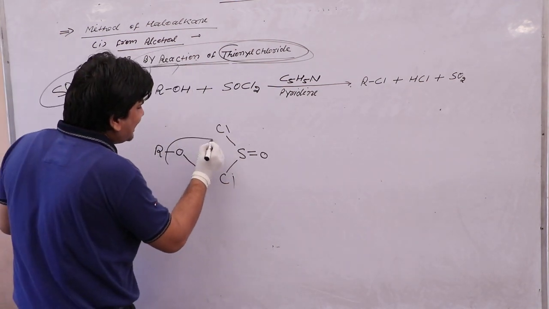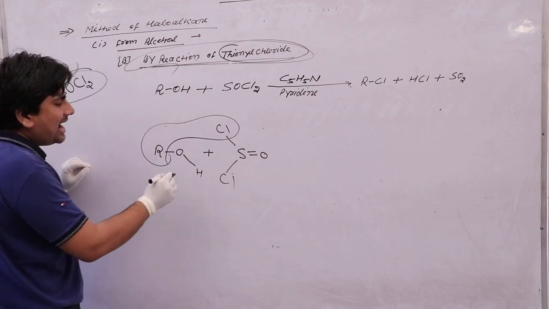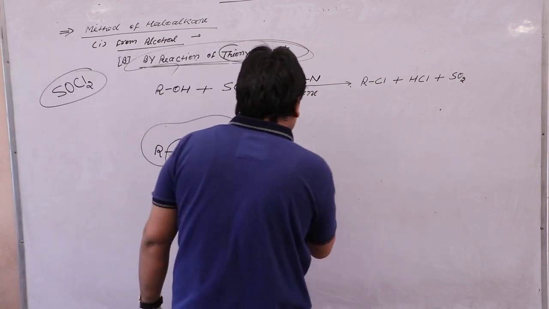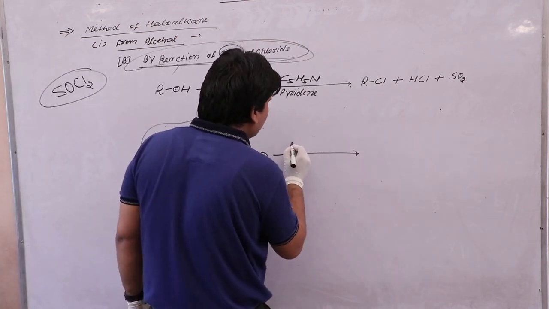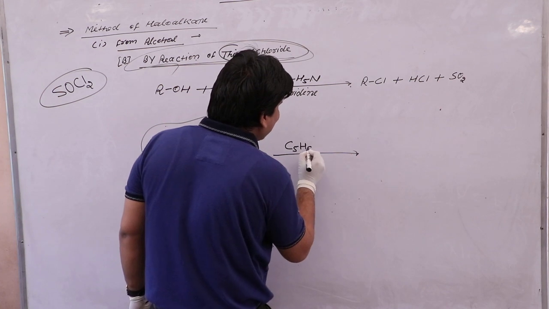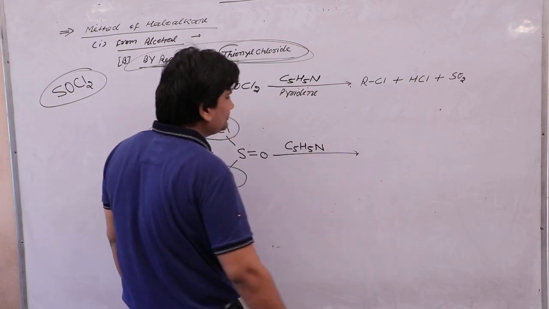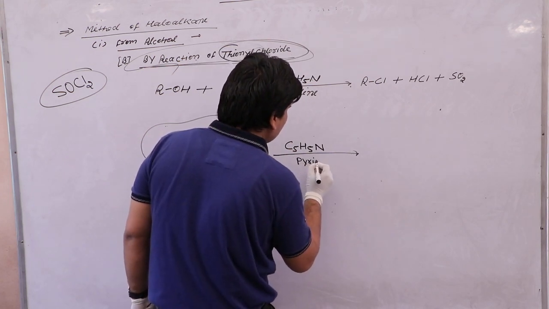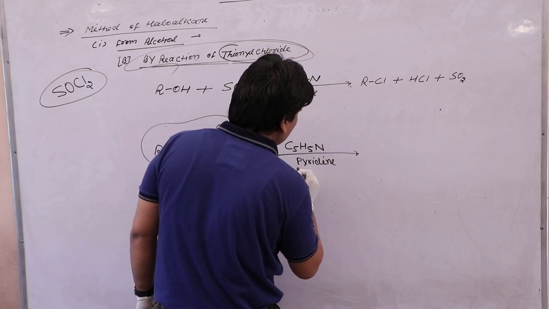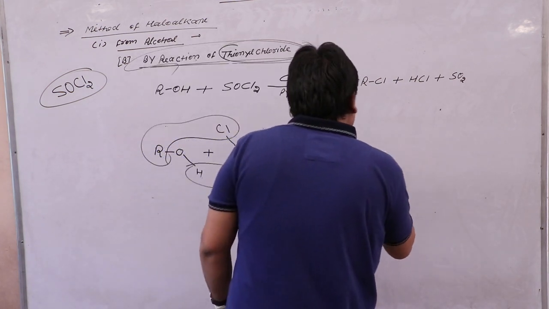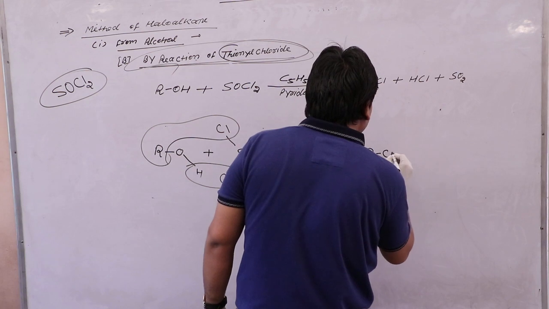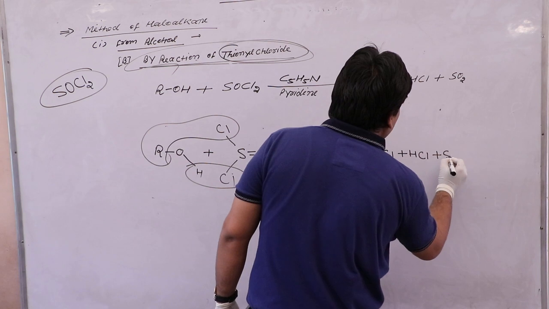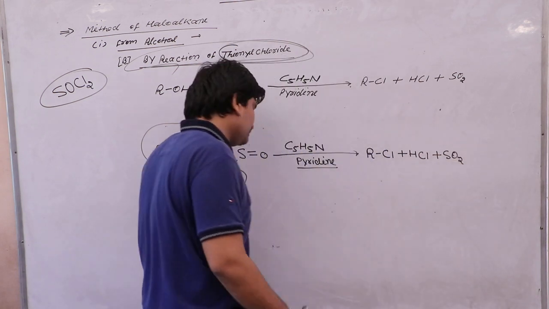The R combines with the chloride, H combines with the Cl, in the presence of pyridine C5H5N, giving alkyl chloride plus HCl plus SO2.